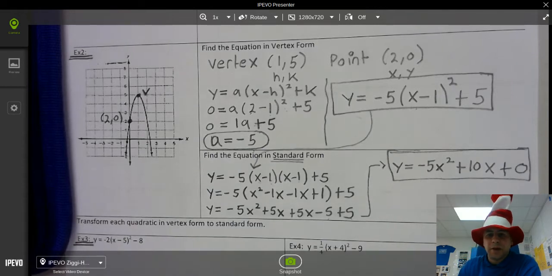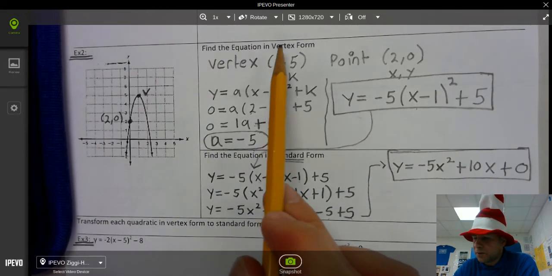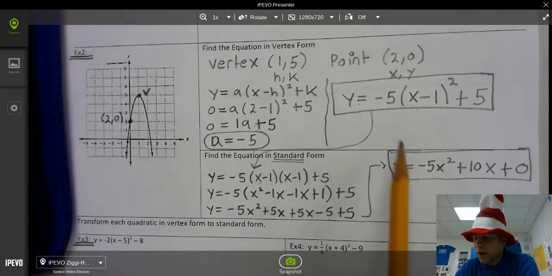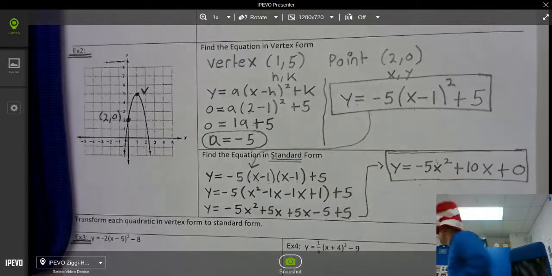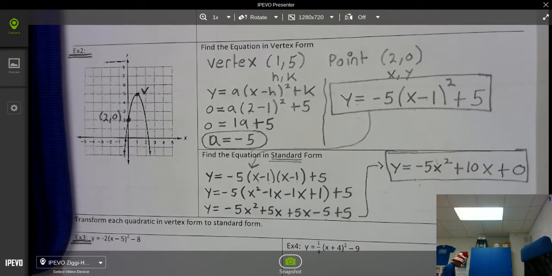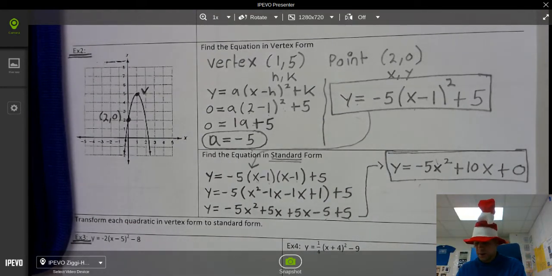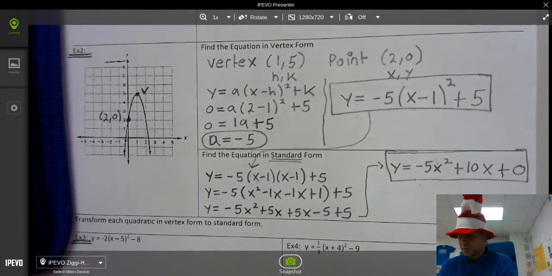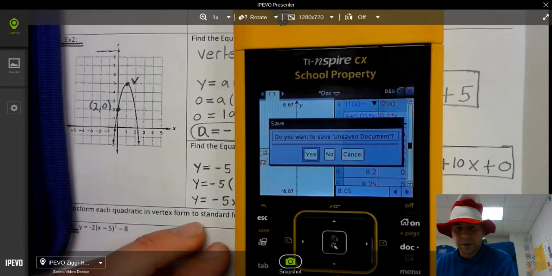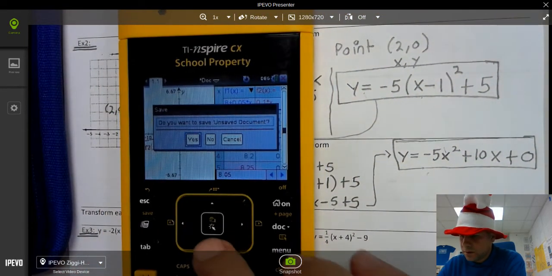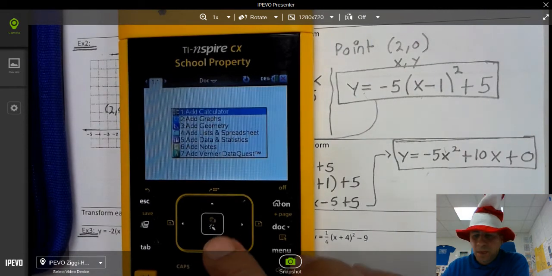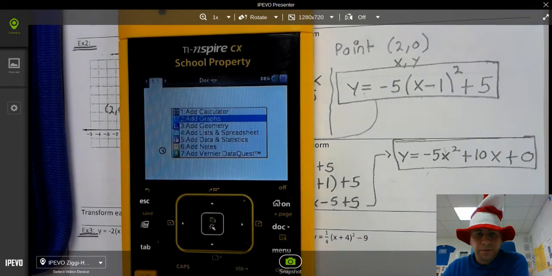Now, one of the things I'm going to do is, technically, these are the same equation. So if I graph them, they should be the same. So I'm going to take my calculator, I'm going to graph both of them and make sure that these are, in fact, the same. New document. Add graph.